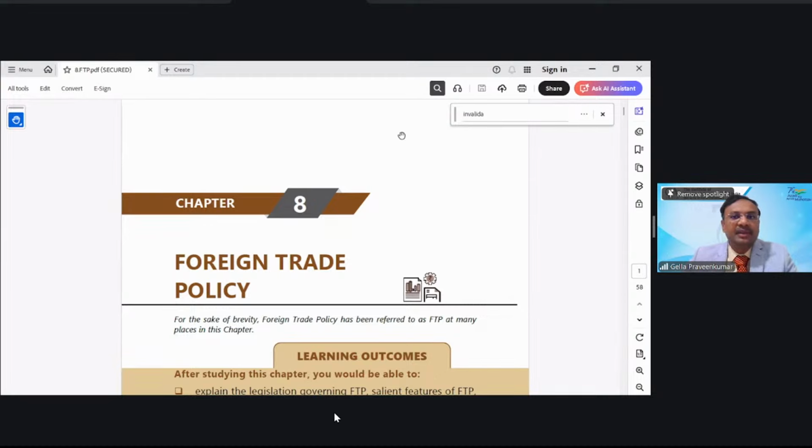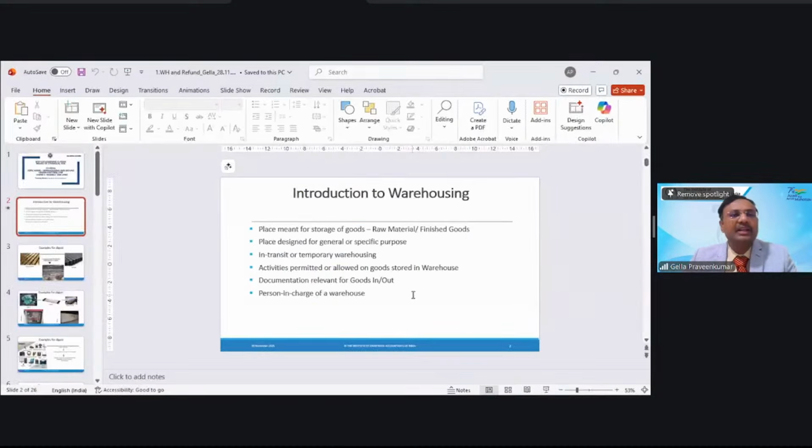Now, I'll do a quick recap of what we have studied in our previous chapter called Warehouse and Refund under Customs Law. There are a couple of MCQs for us just to recap these provisions. Then we'll come back to the foreign trade policy, right? So in the previous class, we discussed this warehousing topic.